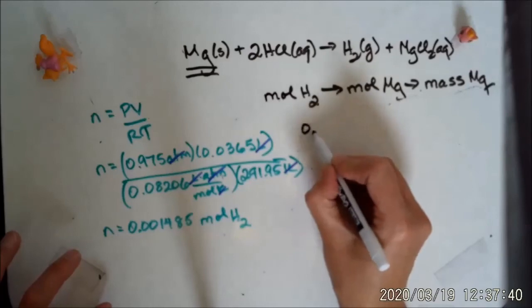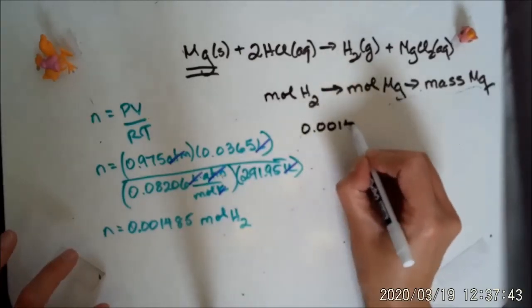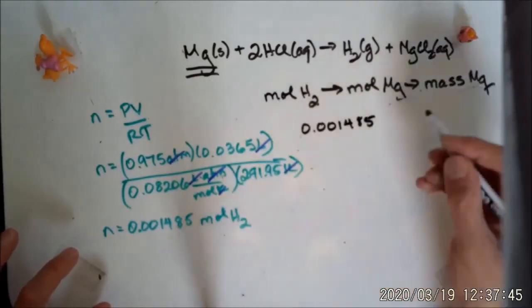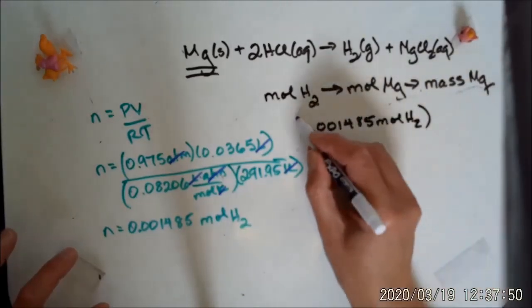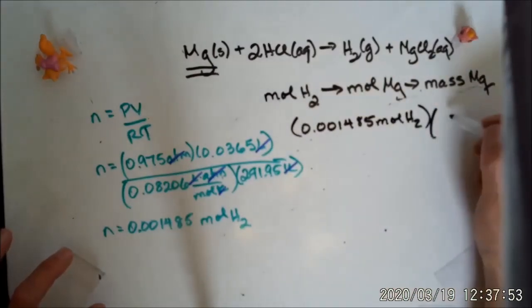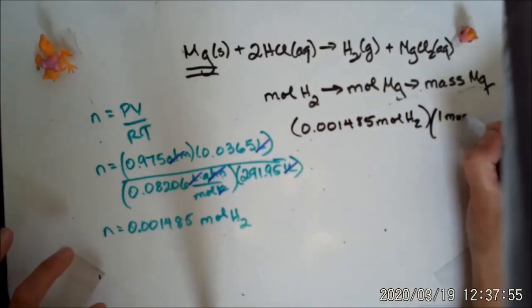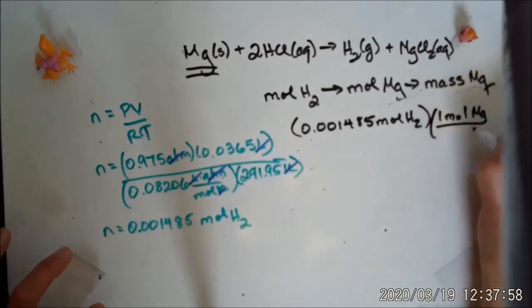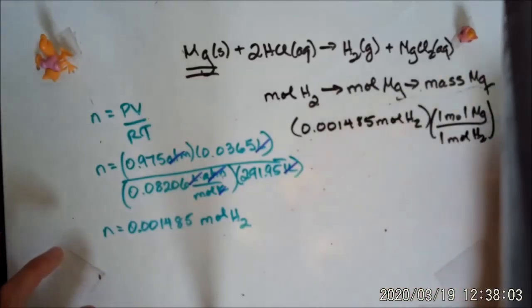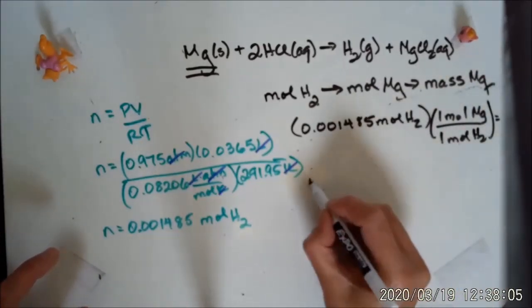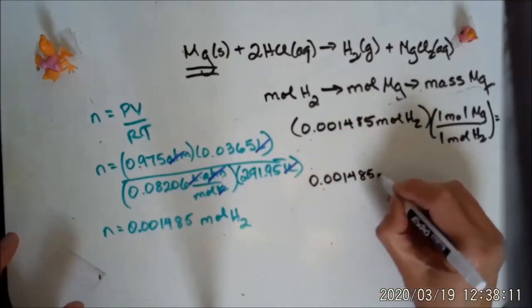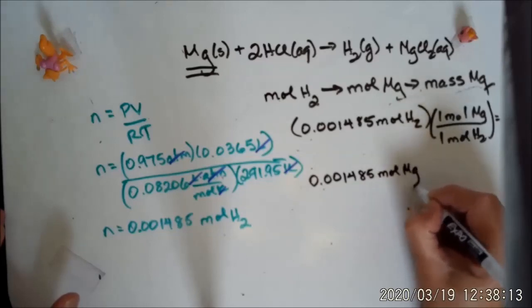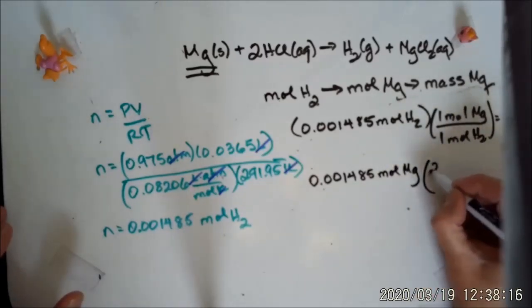It's 0.001485 moles of hydrogen. And what's my stoichiometry? My stoichiometry is that it's 1 to 1. 1 mole of magnesium for every 1 mole of hydrogen gas formed. It means what I get is 0.001485 moles of magnesium.